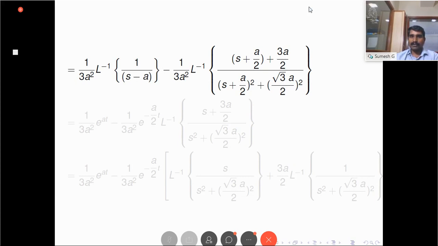To find the inverse of the second term, we have to apply the concept using the first shifting property. This expression is a function of s plus a by 2. So to eliminate the effect of this plus a by 2, we have to multiply the whole expression by e raised to minus a by 2 t.